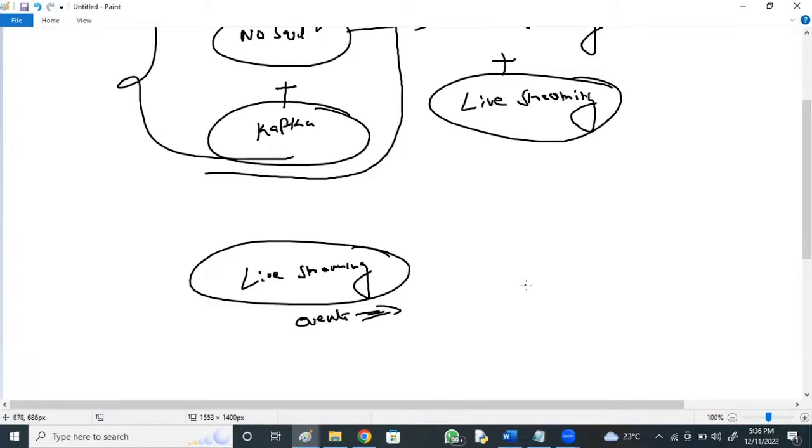So we need a very high-speed processing technology like Spark. The speed of event generation should match the speed of processing. At one side events are generating, and at the other side Spark processes the events at high speed.